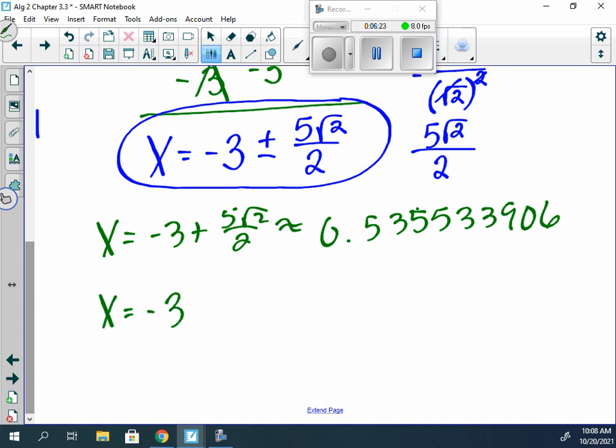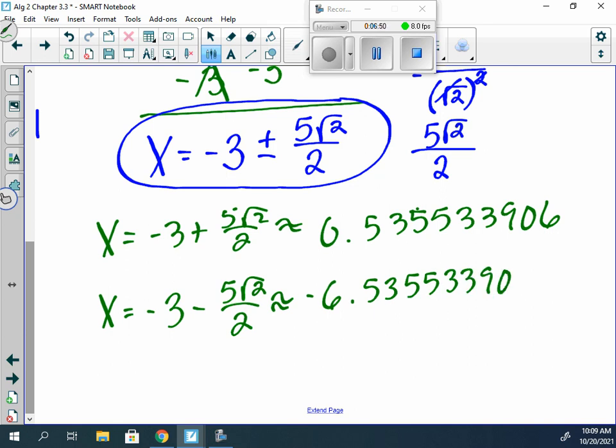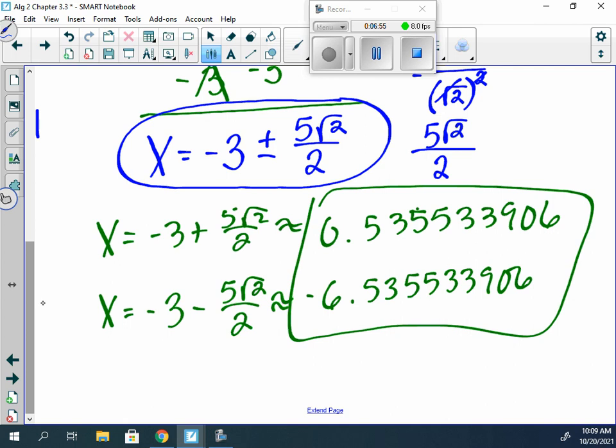We could also take the negative case, which would be negative 6.535533906. If we convert it into a decimal, we need both. But if we leave it as the plus or minus, we have it there.